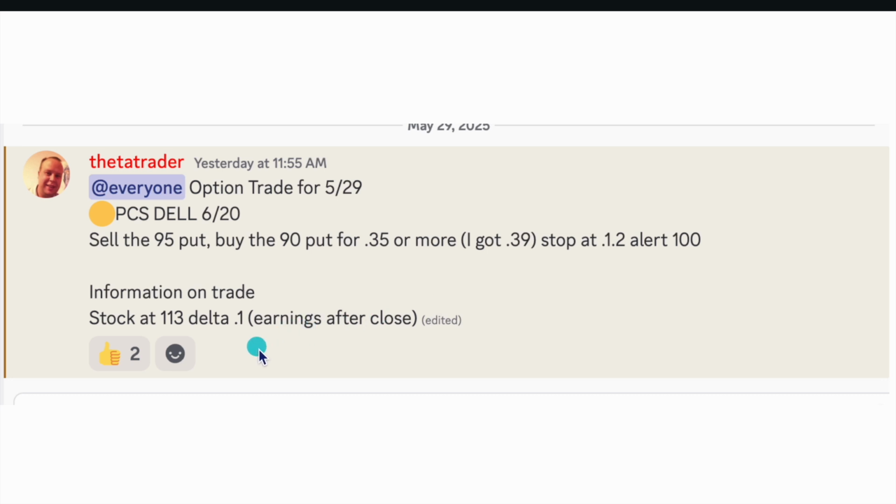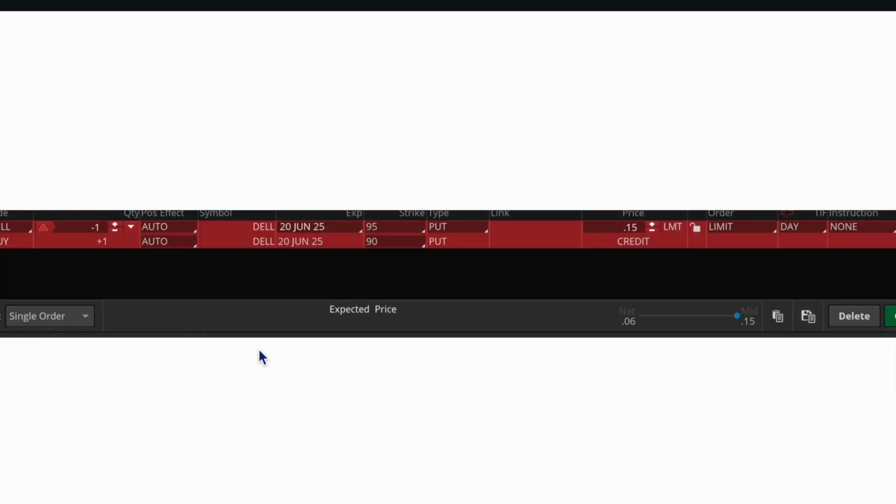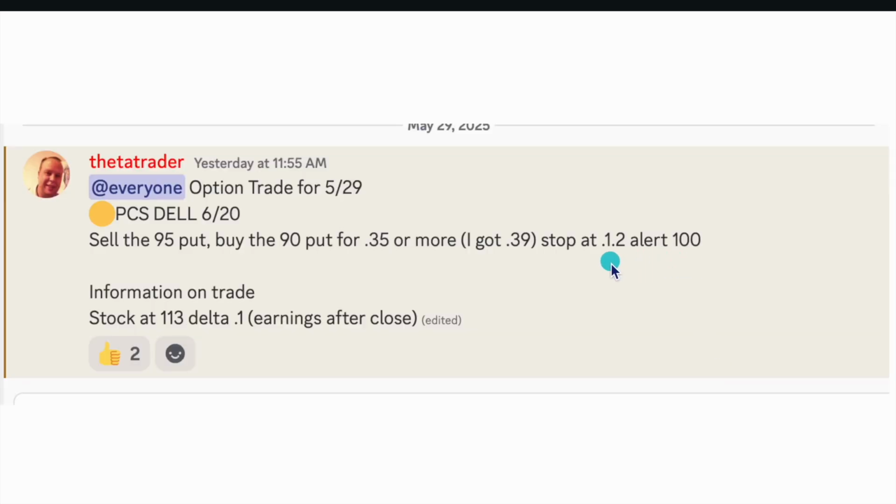The delta was 0.1. And this is the screenshot this morning. Same exact option. You can see it's between 0.06 and 0.15. Let's say we could close it somewhere in the middle, maybe around 0.1 or so. It would be from 0.39 to around 0.1.